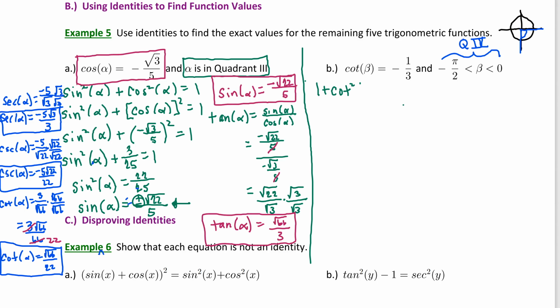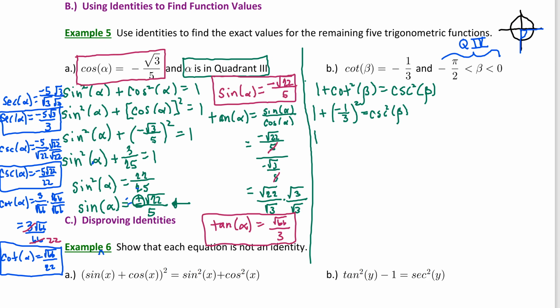Recall that 1 plus cotangent squared of angle beta is equal to cosecant squared of beta. Because we know that the value of cotangent is negative 1/3, now notice here I'm replacing the entire cotangent function with negative 1/3 and squaring the result. I am not plugging negative 1/3 in for the angle beta, right?